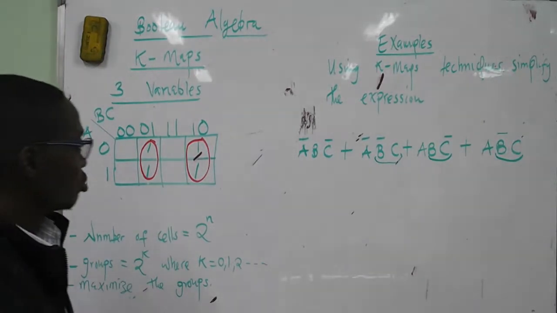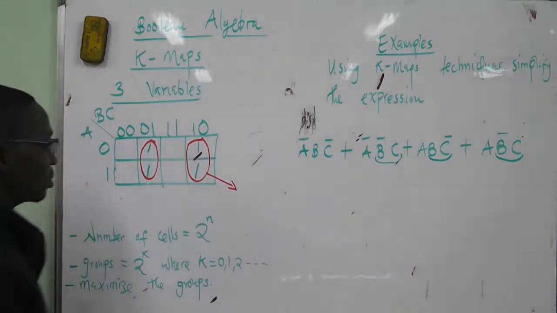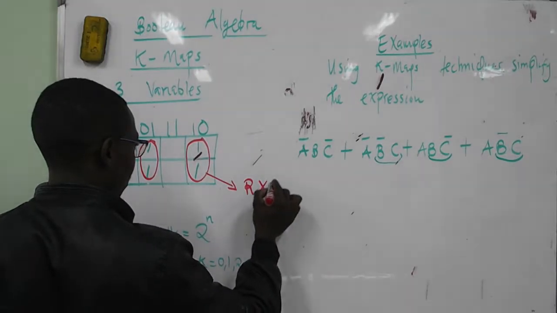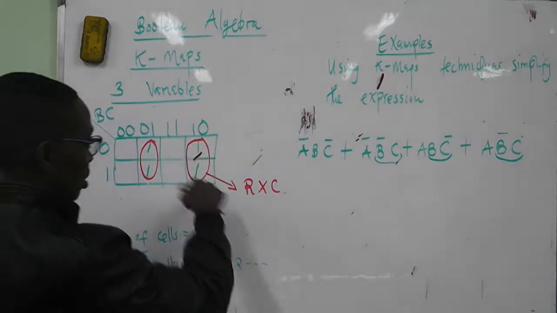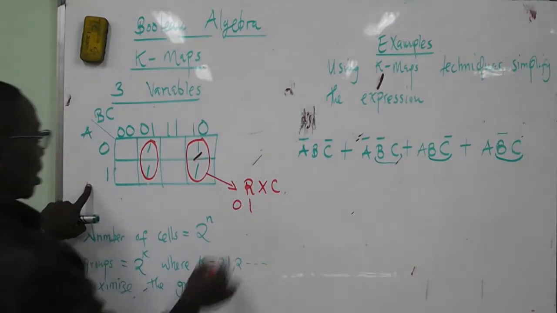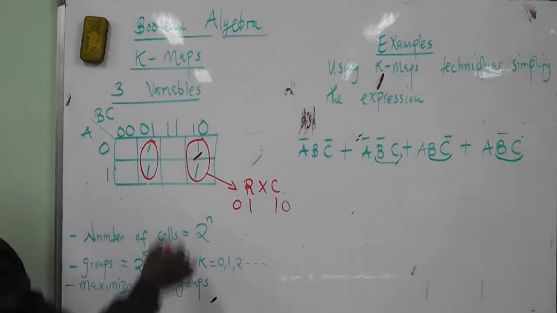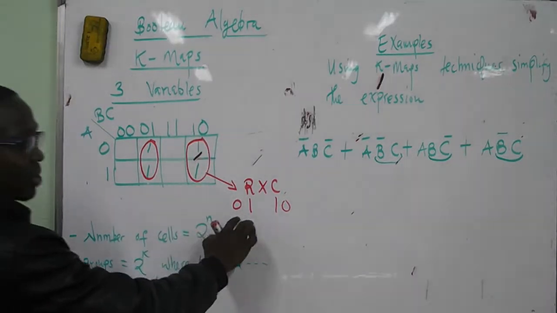Upon forming groups, you name them. What is the name of this group? Nomenclature is row by column. Okay? So what is the row of this group? This group is seated in 2 rows. Row 0 and row 1. What is the column? It's seated in column 1 and 0. So if you look at this group, the numbers are seated in two different rows.